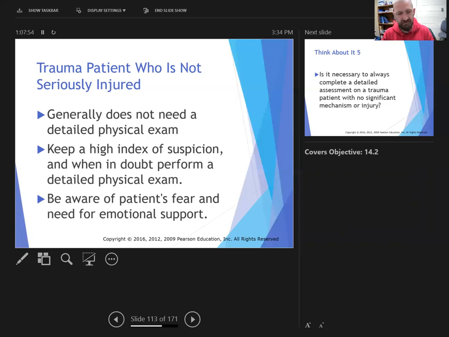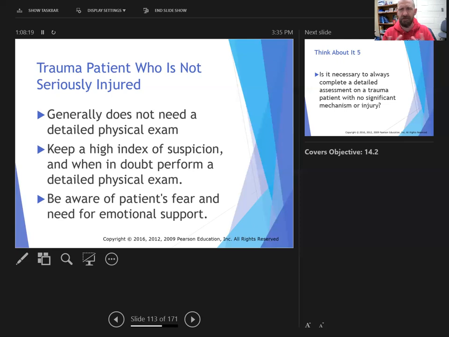Again, new EMTs, new medical providers in general, even people in nursing school or medical school, becoming doctors or nurses who have not had patient care, one of the things they have to learn is that people who are hurt or really sick are still people, and you can still talk to them like people. They're not cattle.